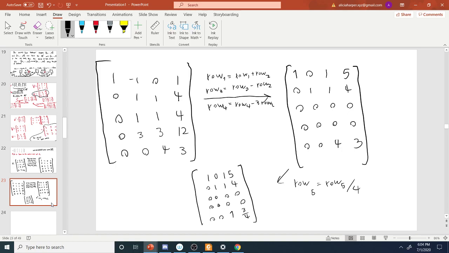the matrix would be in row reduced echelon form, with this row and this row corresponding to a basis for the row space.